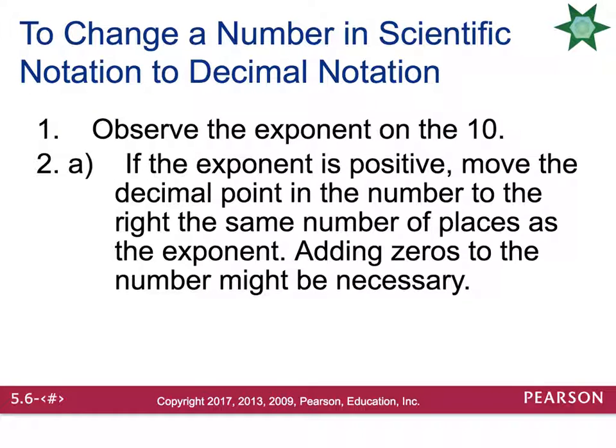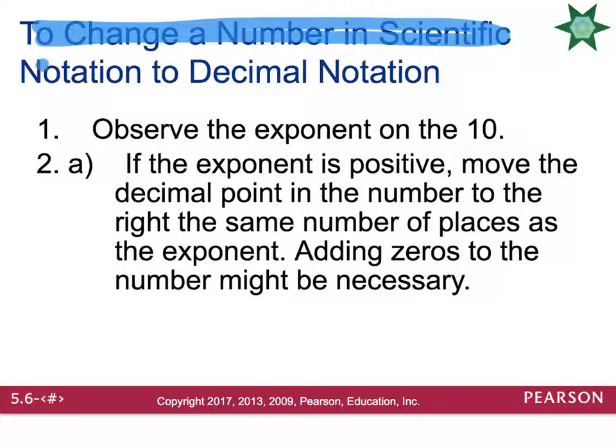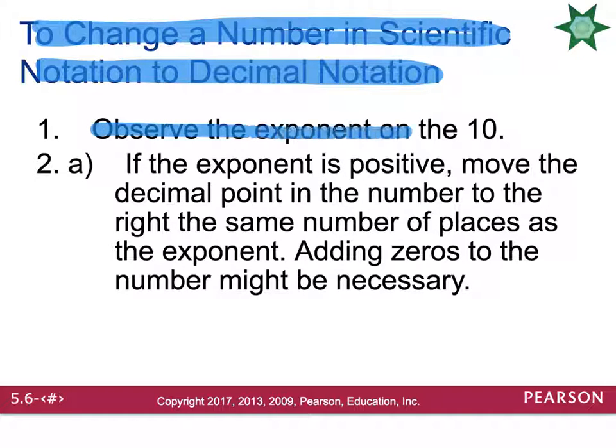Okay, so let's talk about changing a number that's in scientific notation to a regular decimal number, to decimal notation. First thing we do is observe the exponent on the 10. If the exponent is positive, move the decimal point to the right that many places. Adding zeros might be necessary.